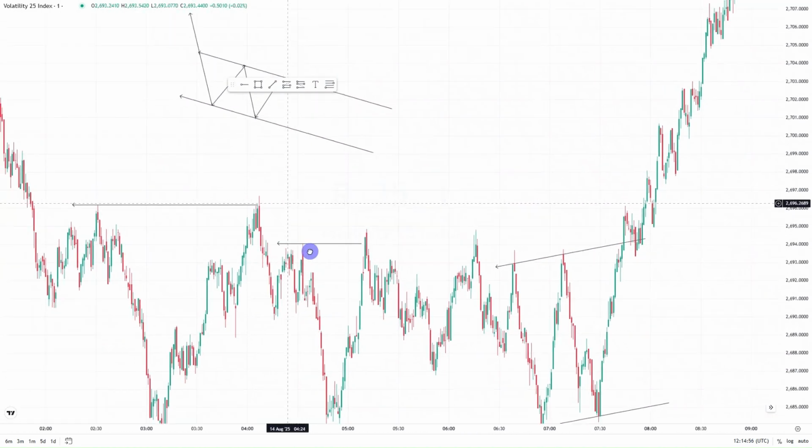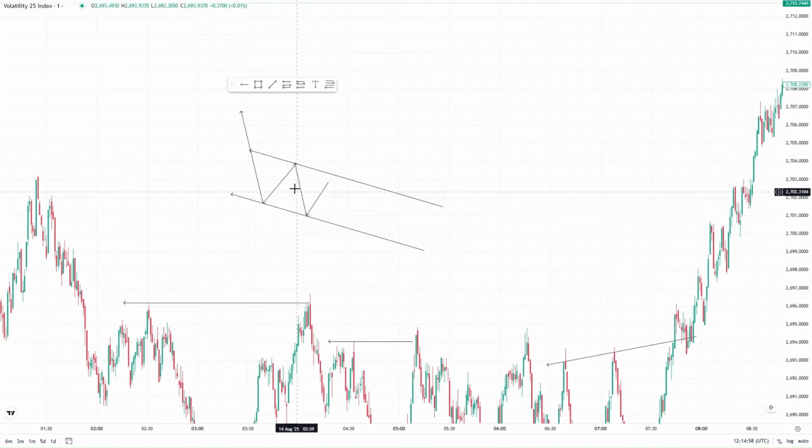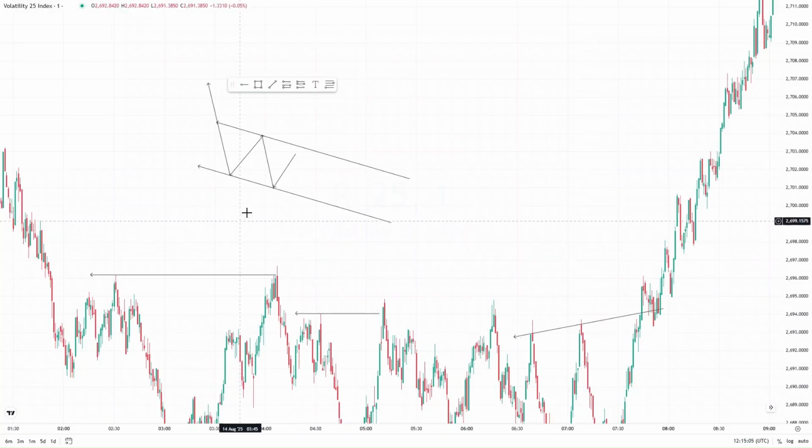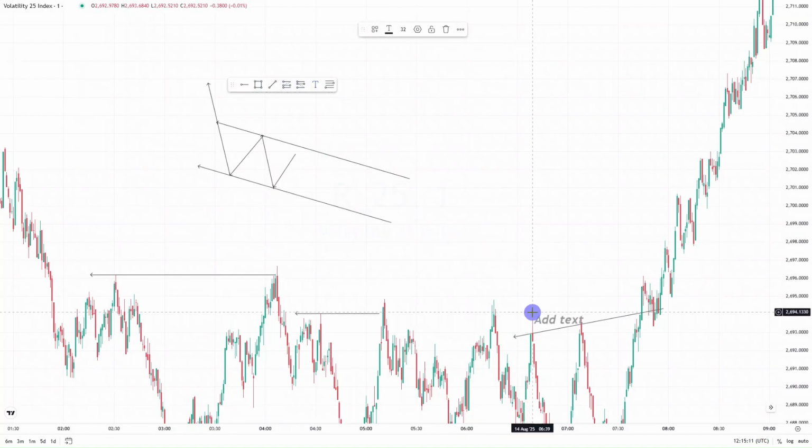So now notice how we are getting to this pattern right here. Obviously this would be vice versa, right? We would have our one here, we would have our one there, and then we'd have our second touch there.